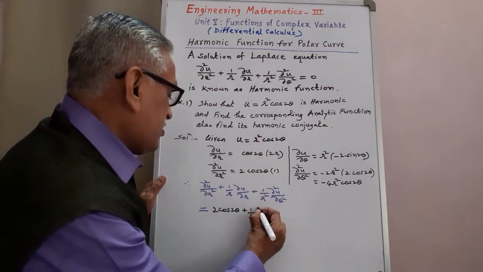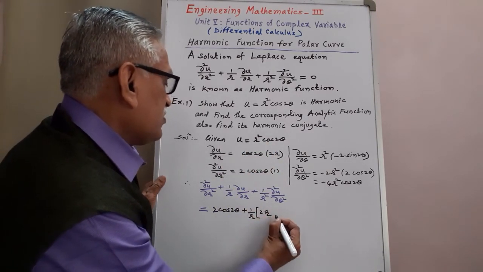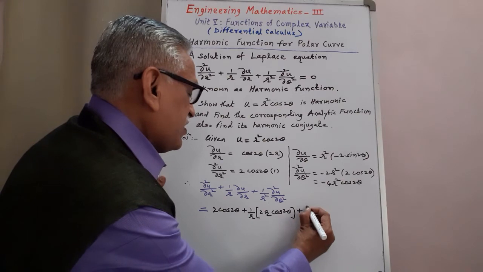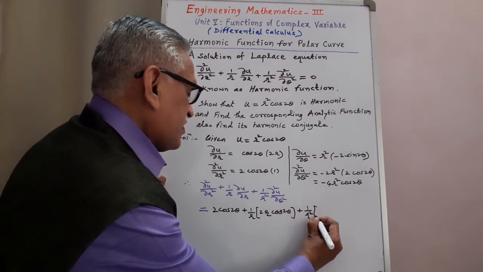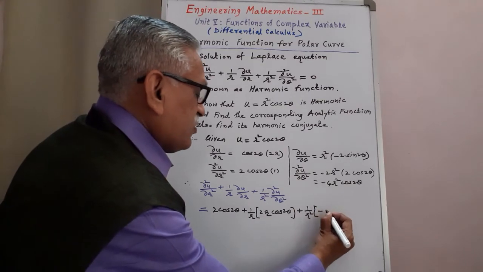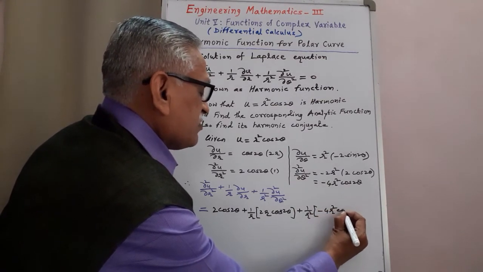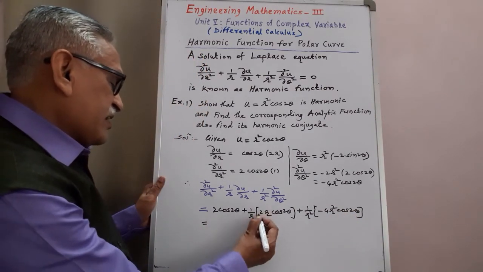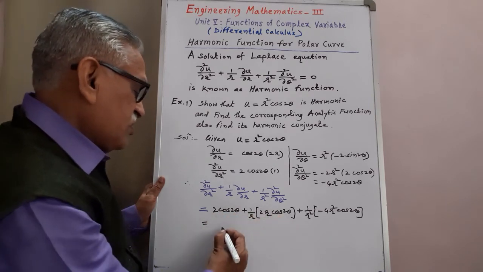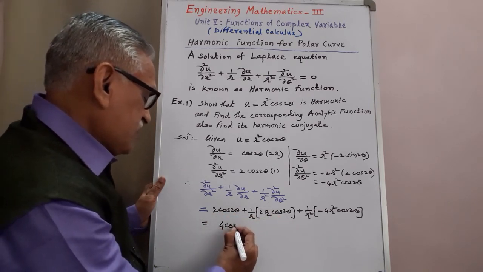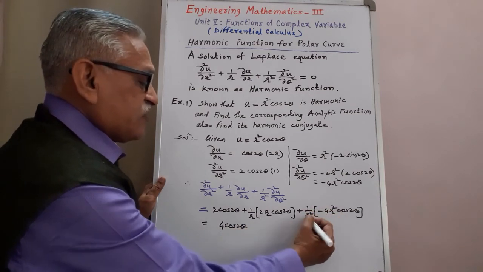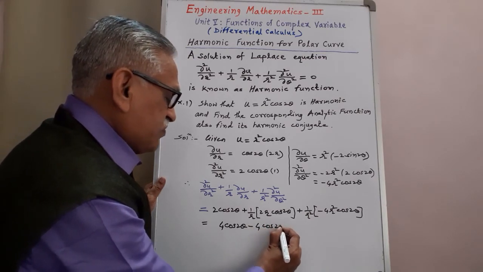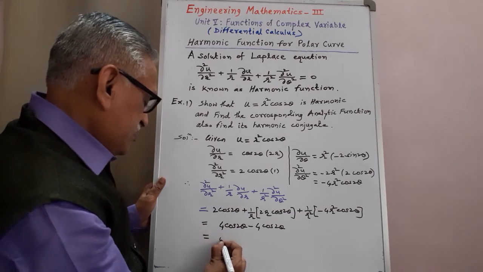The value of ∂u/∂r is 2r cos 2θ, plus 1/r² into ∂²u/∂θ², and that value is minus 4r² cos 2θ. That equals, r gets cancelled, 2 cos plus 2 cos, we get 4 cos 2θ, and r² gets cancelled, minus 4 cos 2θ, and that sum is 0.